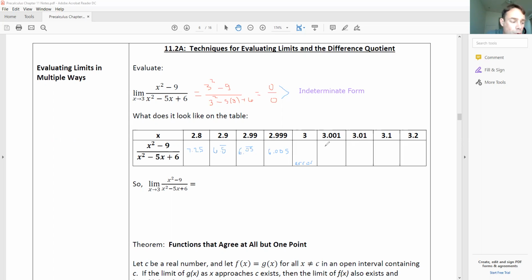And then 3.001, we end up with 5.995. 3.01 is 5.9505. And then we have 5.54 repeating, and then we have 5.16 repeating.